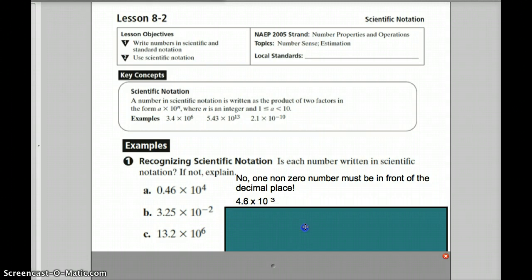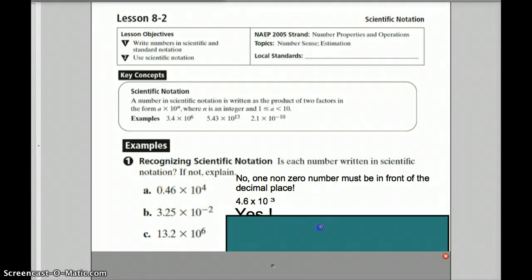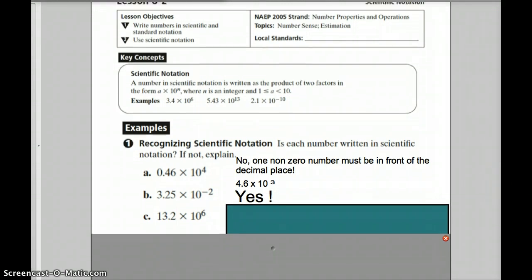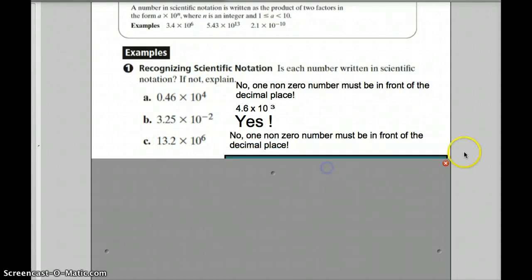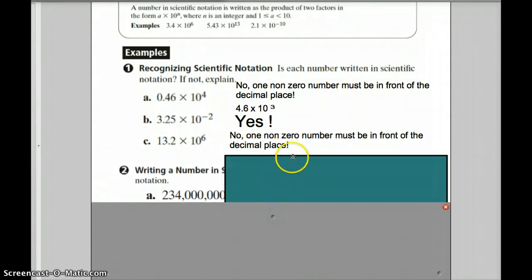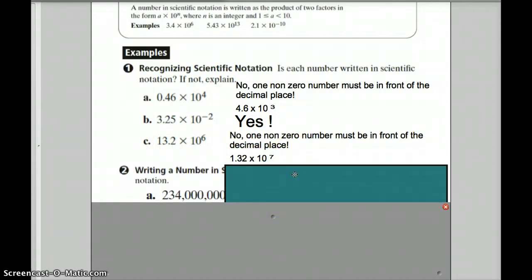A would be 4.6 times 10 to the 3rd in proper scientific notation. B is in proper scientific notation, and then C is not, because in this case we have a number that is greater than 10 in our a spot here. So we would have to make that a 1.3 and convert and then change our exponent. I'm going to show you how to do that.